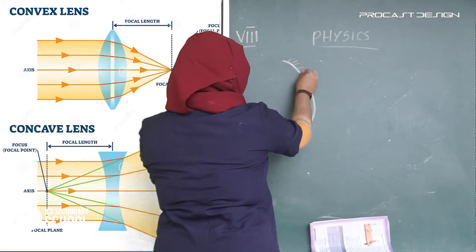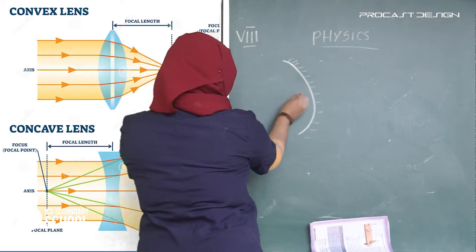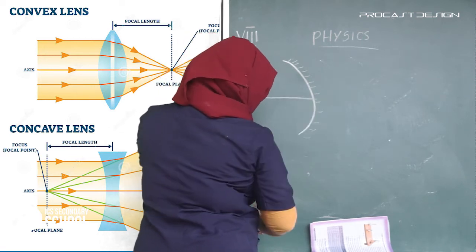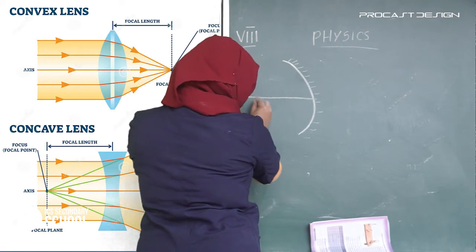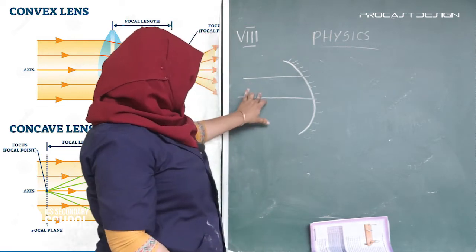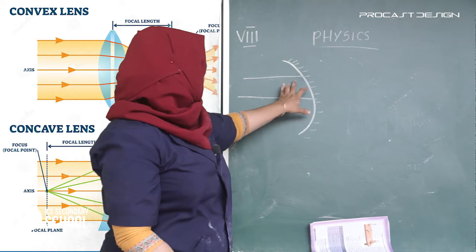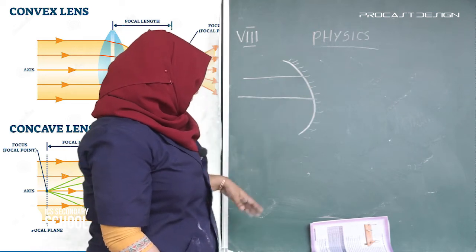This is a concave mirror, and this is the principal axis. If the ray of light is incident on a mirror parallel to the principal axis, then how is the reflected ray formed?